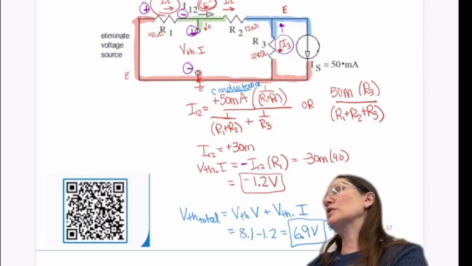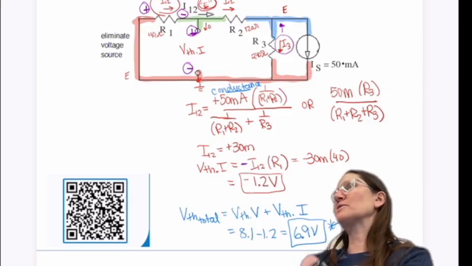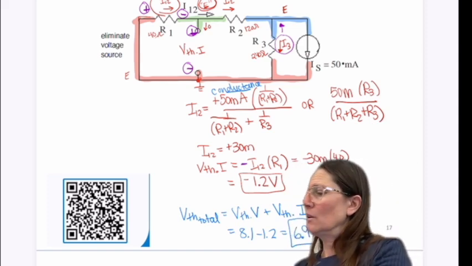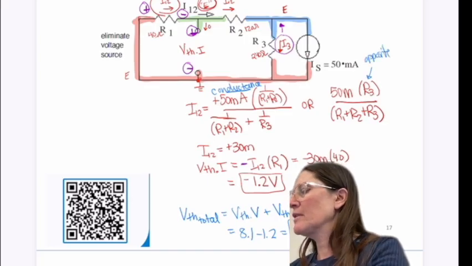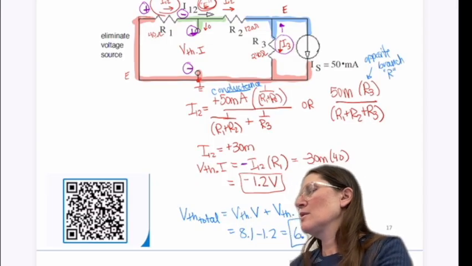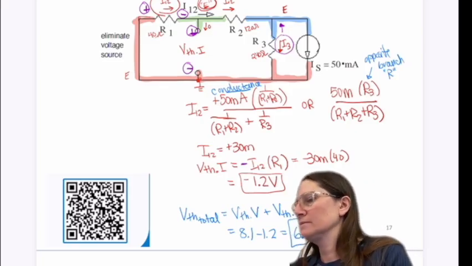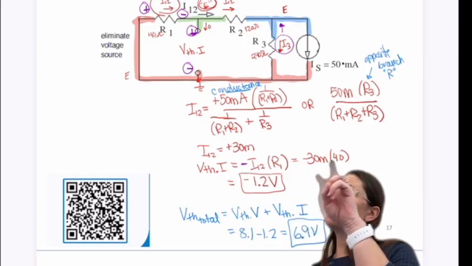And then if you're not going to use that, you have to use the opposite branch resistance. In this case, that opposite branch resistance was the R3. So this is the opposite branch. If you do the opposite branch, then on the bottom when you're summing them, you don't have to do the parallel thing. Correct. You can just add them all. Okay. Yep. You can just add them all as long as you only have the two branches.